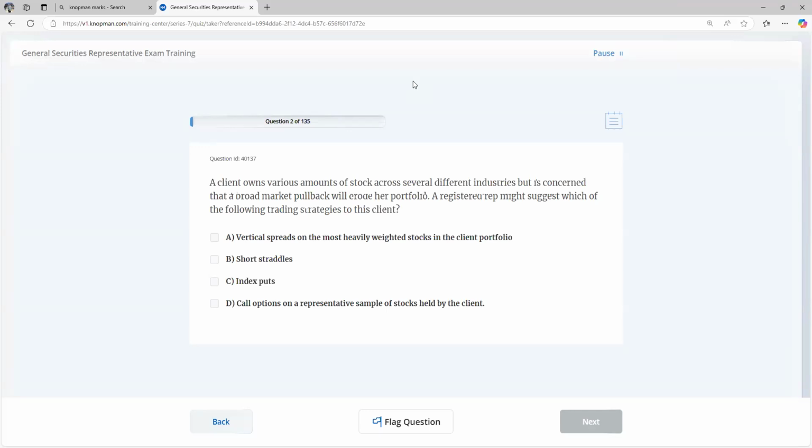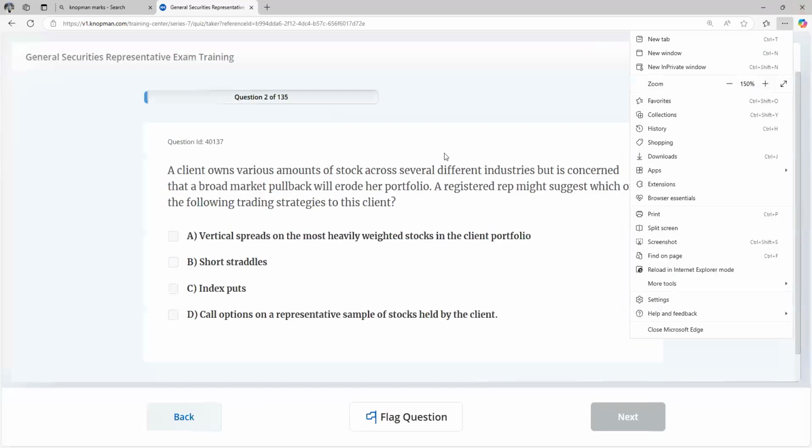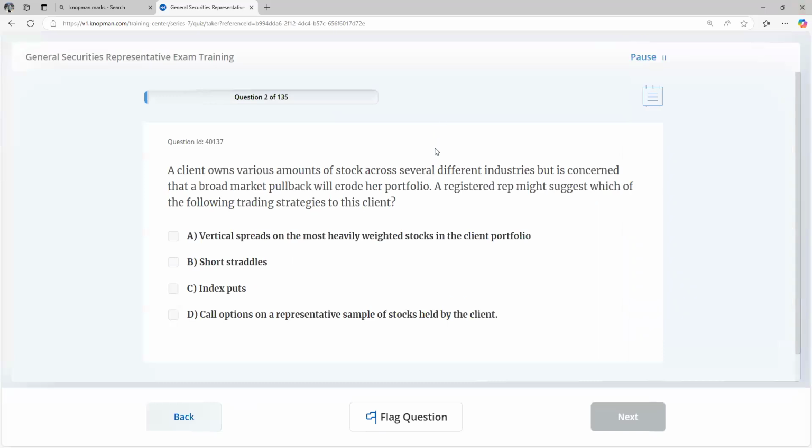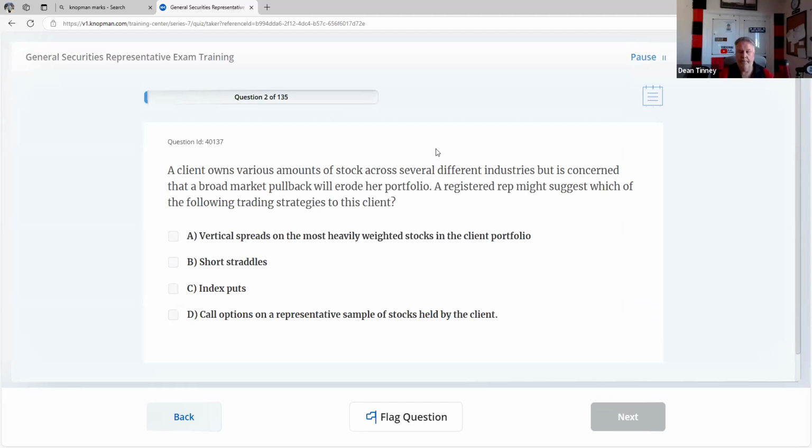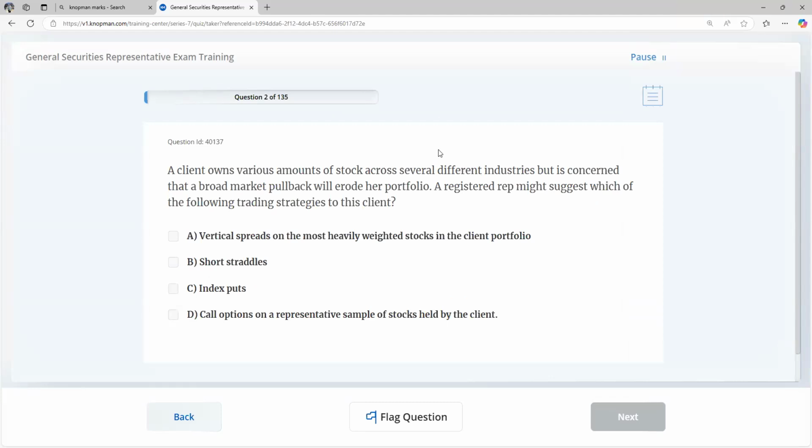She is concerned about a pullback eroding her portfolio. I want to go with the short straddles, that's where I'm leaning, but index puts would also help with the pullback. Which one are you picking?